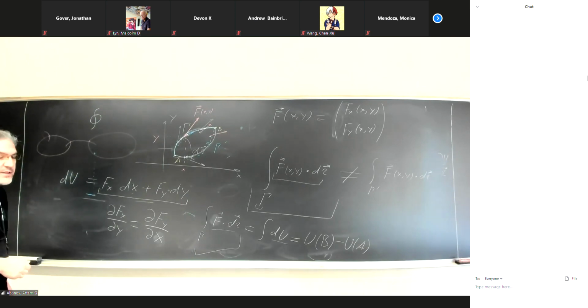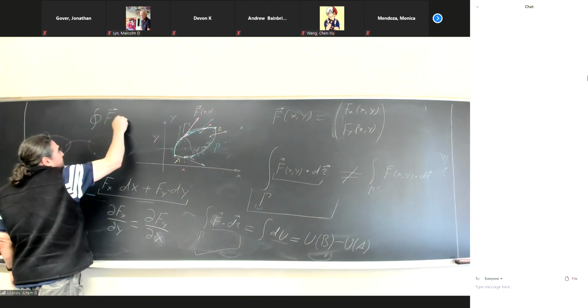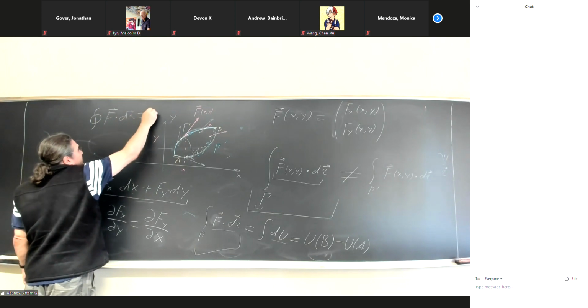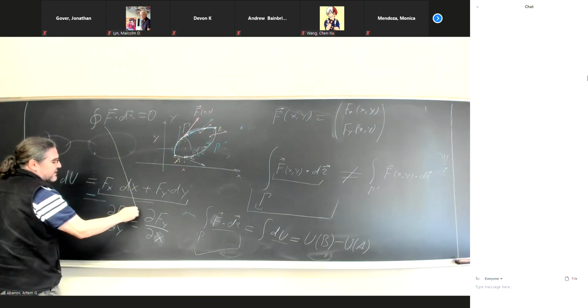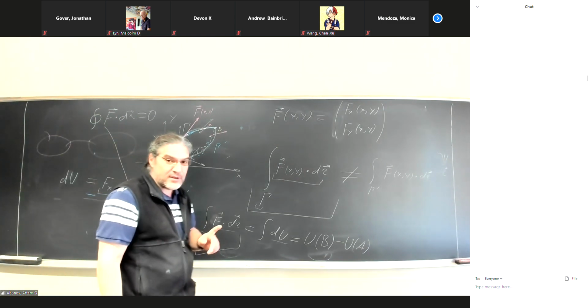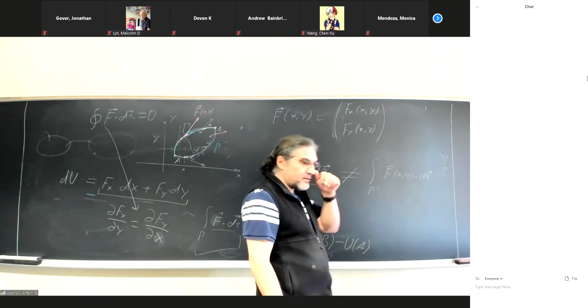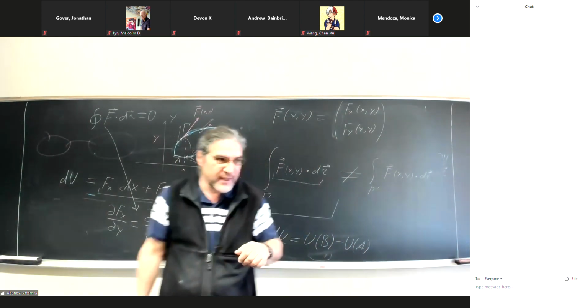It's sometimes written like this: the integral of F dr equals 0 if we have that F satisfies this condition. Now, for any closed loop, this integral will be 0. Doesn't matter which closed loop it is.